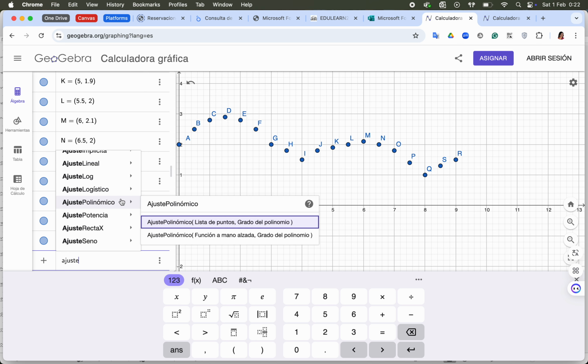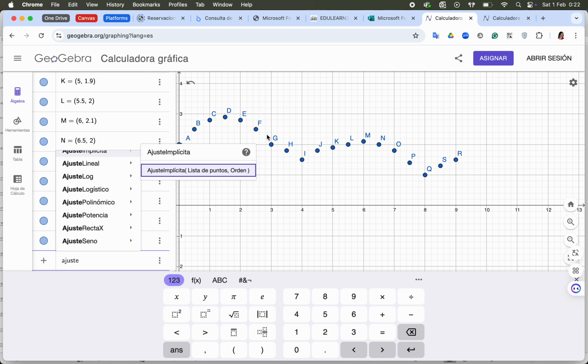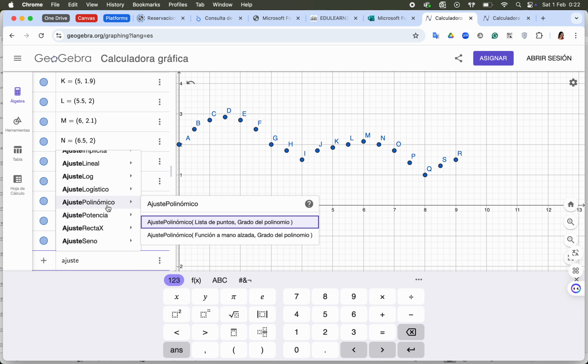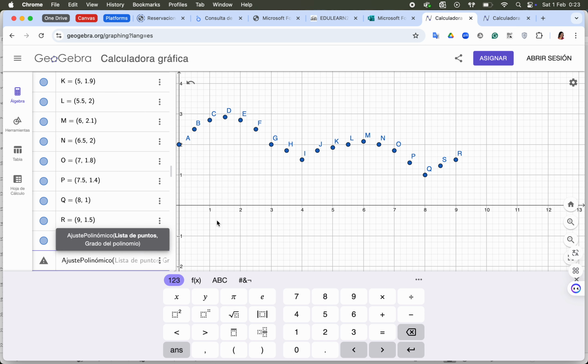Okay, so we are going to draw all of my points, but now with functions. Remember that your bottle can be drawn whichever way you want. So I'm going to put polinómico. Polinómico from lista de puntos. So in this case, we have a set of points.